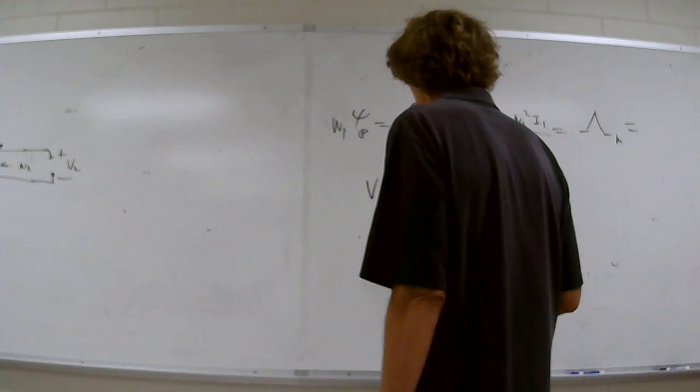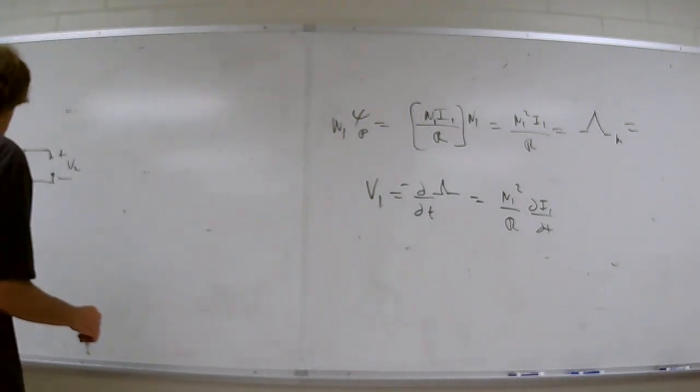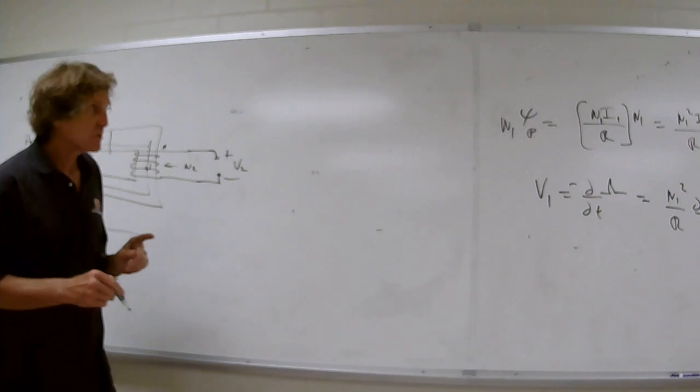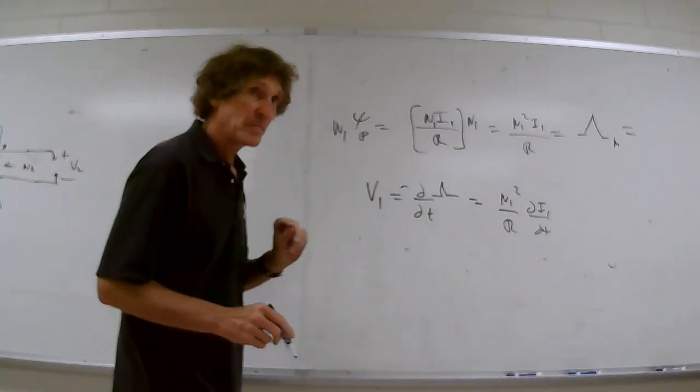Now, here's the next thing. Remember, this is induced voltage in primary. If I take a look at the secondary circuit, and I take a look at the amount of flux coming through here, well, the flux per turn is just N1 I1 over R. Do you all follow me in this?